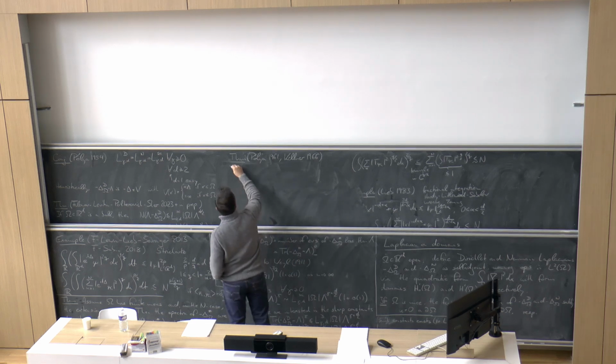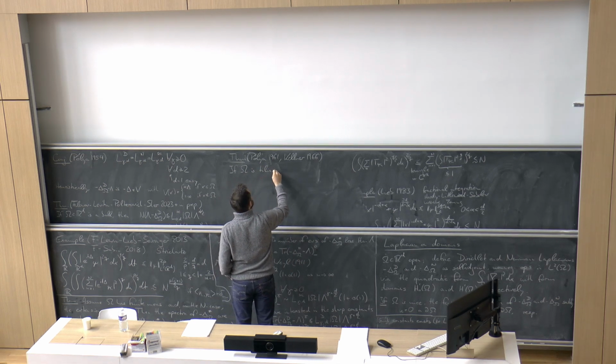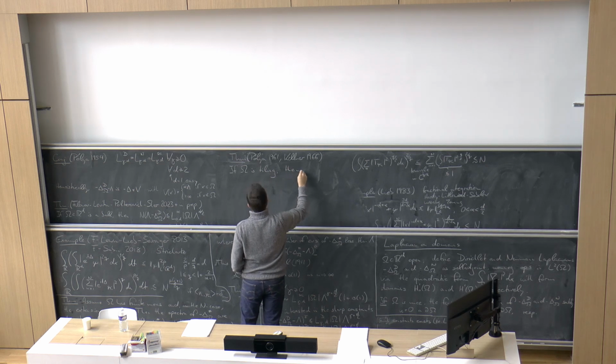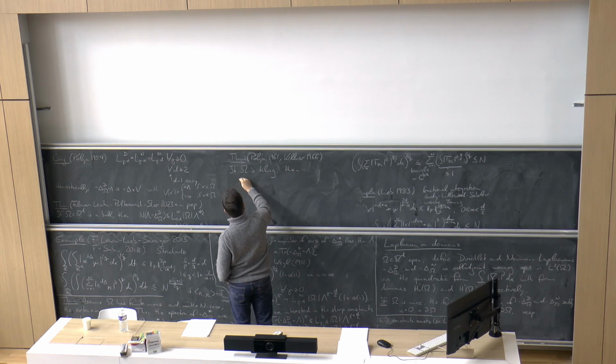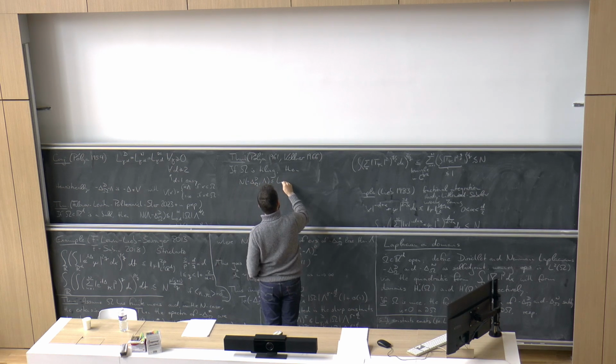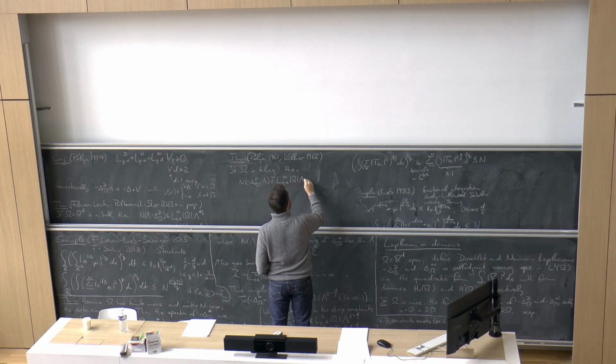So that says if omega is tiling, then we have the inequality, and then again the Aizenman-Lieb argument will happen everywhere.